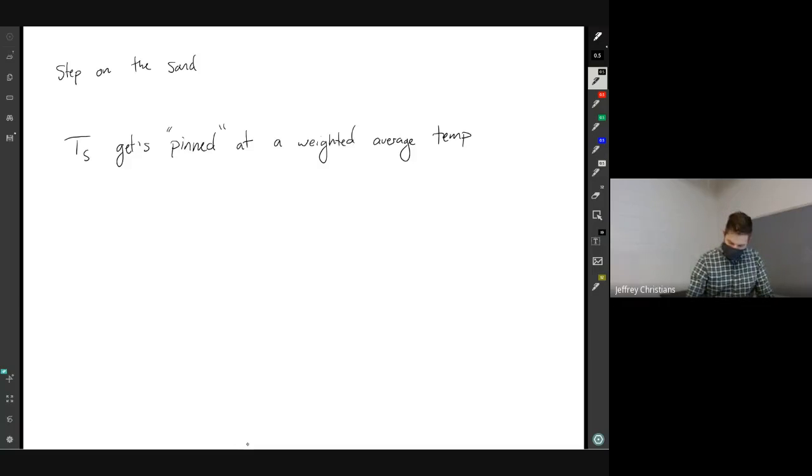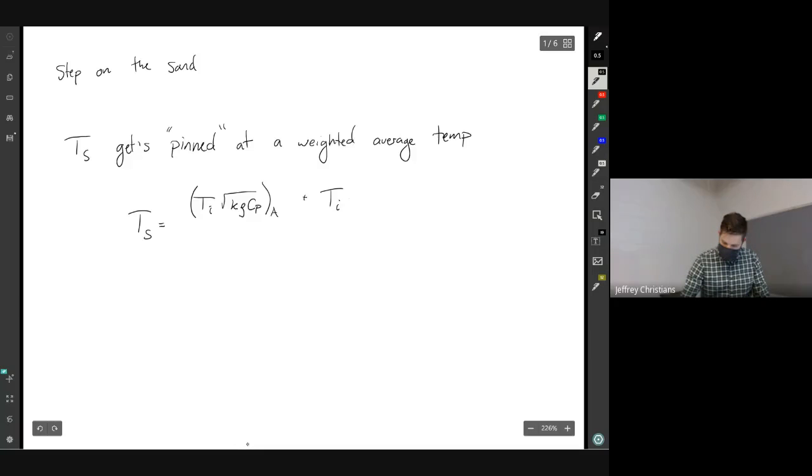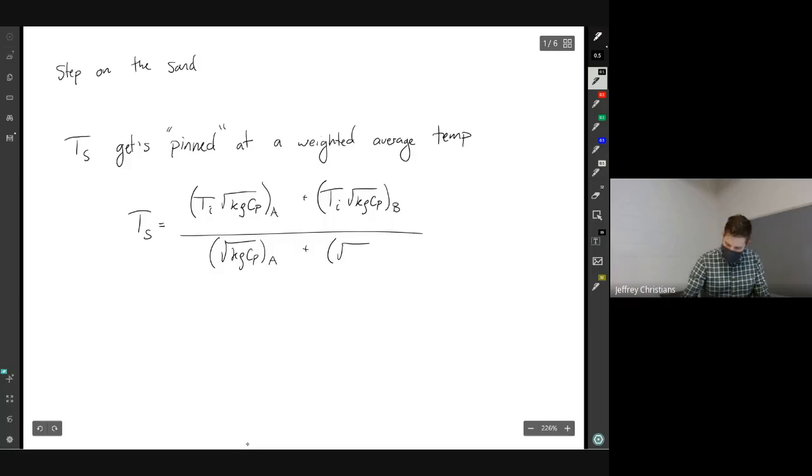Right, and we looked at what that weighted average is. The surface temperature is the initial temperature of A times the square root of k rho Cp for body A, plus the initial temperature of B times the square root of k rho Cp for object B, all over those two weighting factors, square root of k rho Cp plus square root of k rho Cp.